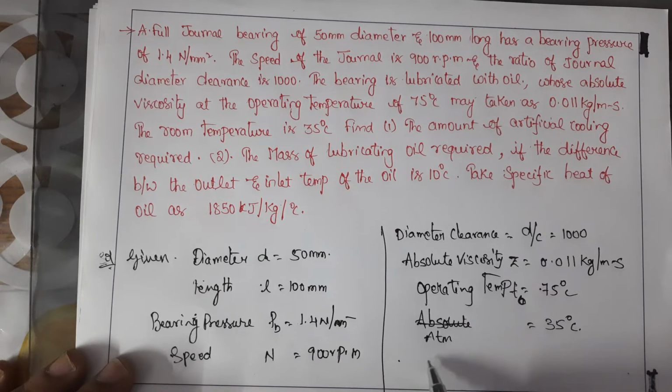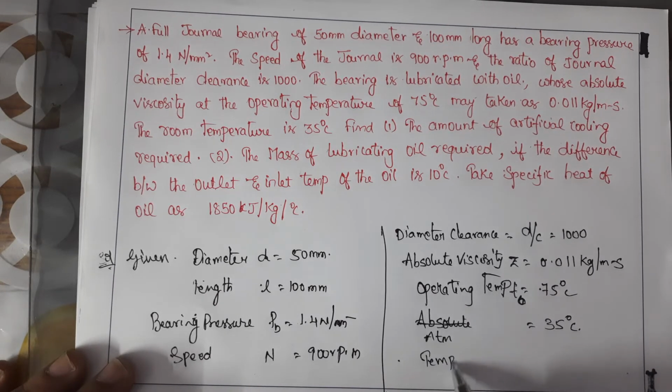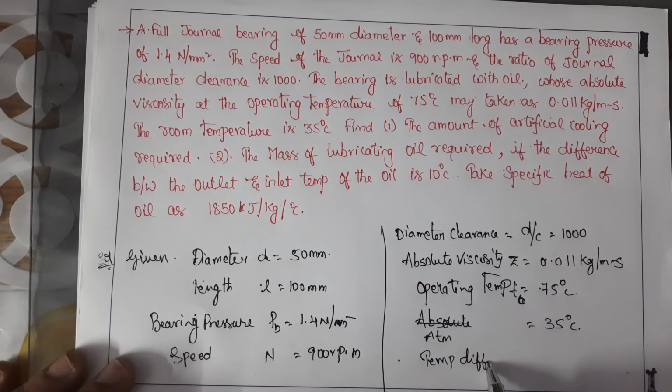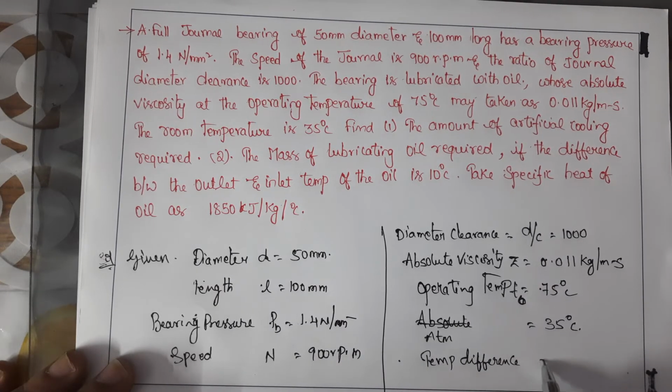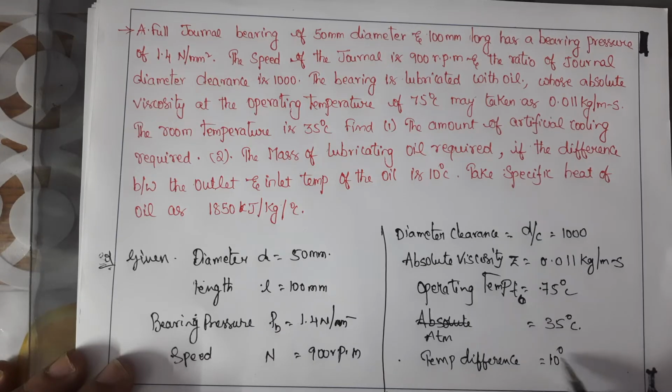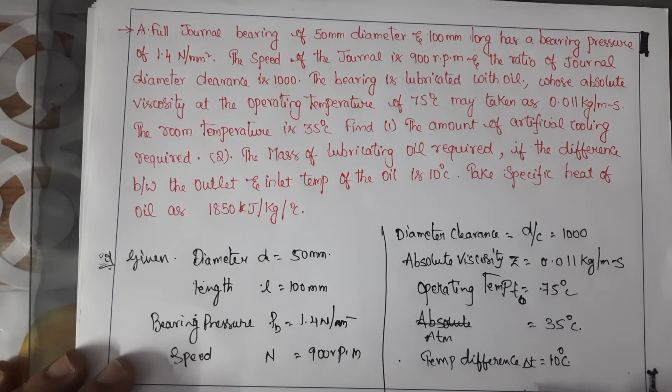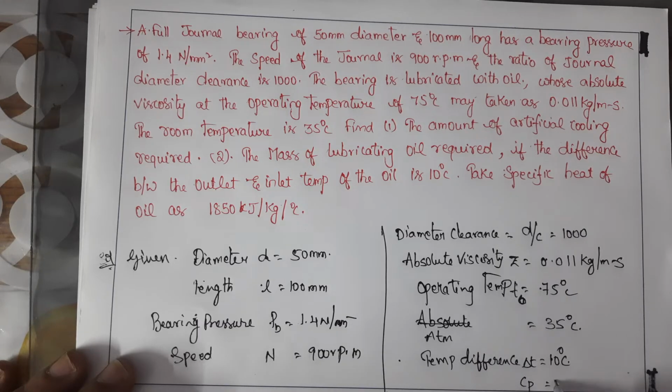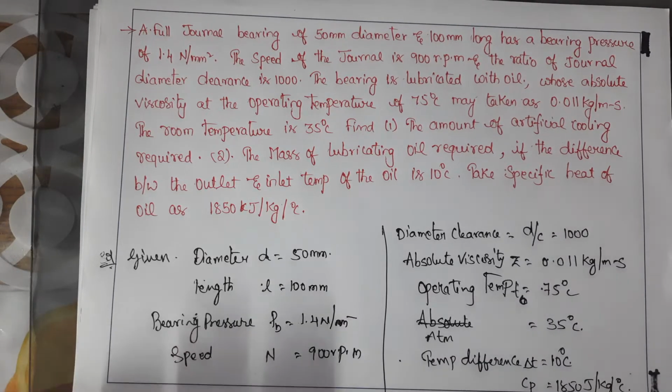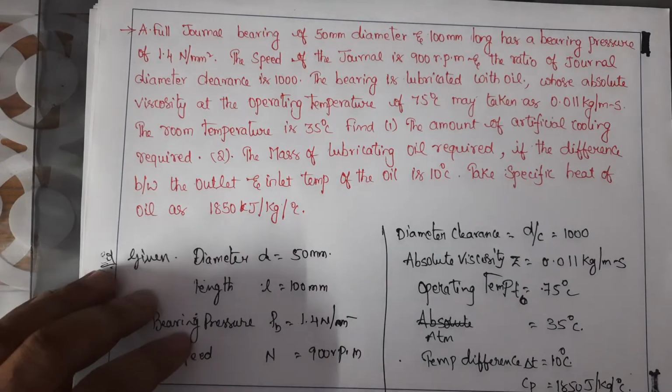Next he has given us the temperature difference, that is 10 degrees centigrade, delta T. The specific heat of oil, Cp, is equal to 1850 joules per kg per degree centigrade. Okay, this is the data we have got.